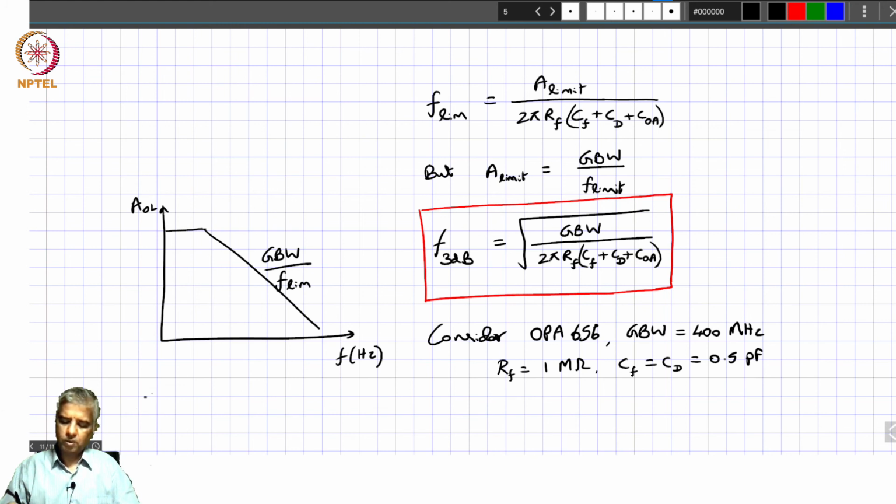So you have 4 by 2, so that's 2 by pi, which is roughly about 0.6 or so, so it's about 0.7. So if you do all that calculation, you'll probably find that this would imply that F3 dB is equal to roughly about 8 megahertz.